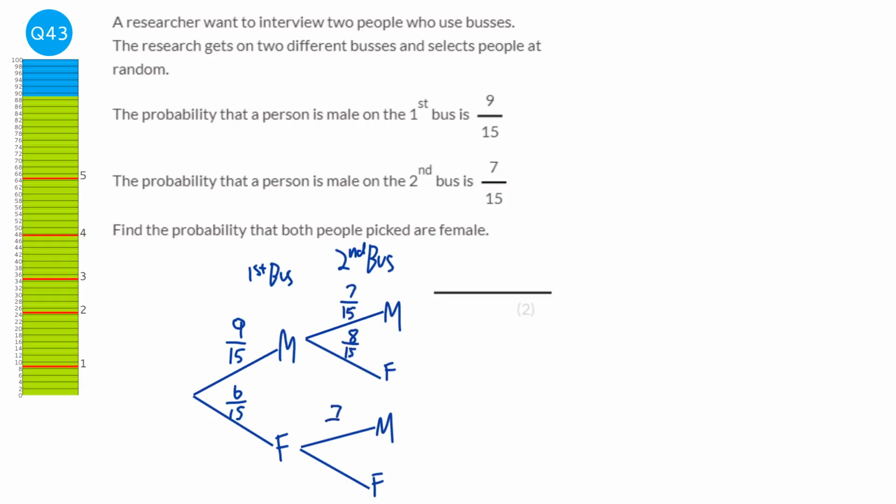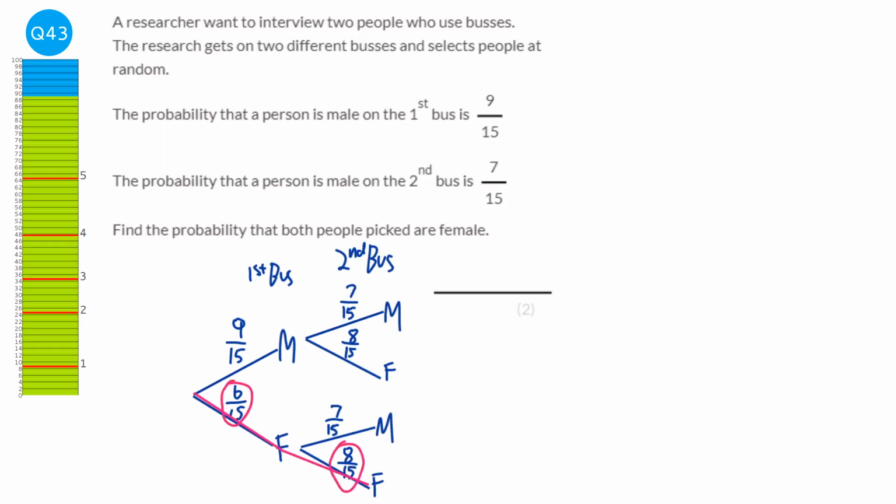And it's independent, so these will be the same. And the question is basically asking what is the probability that both will be female. So to have both female, we need to have gone down this line at the start and then this line again. Looking at the fractions along the way, it's 6/15 and 8/15.